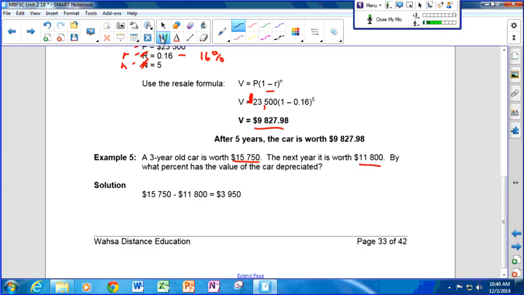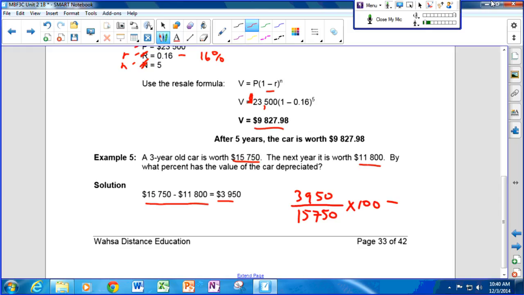Okay, I think I got this. I'm just going to do the very calculation that they are doing right here. So we end up with a number, but then we need to know what percent is that of 15,750, right? So 3,950 divided by 15,750 times 100.